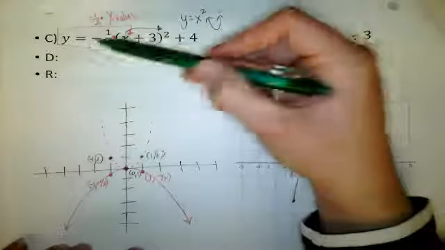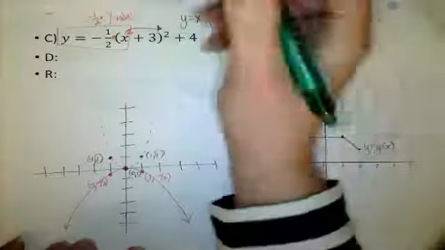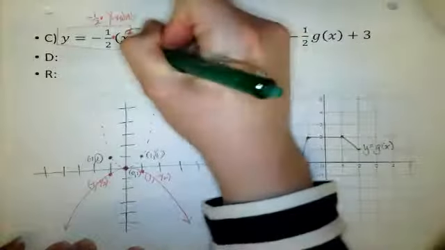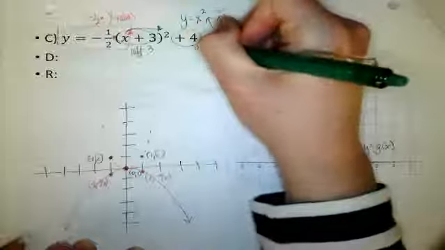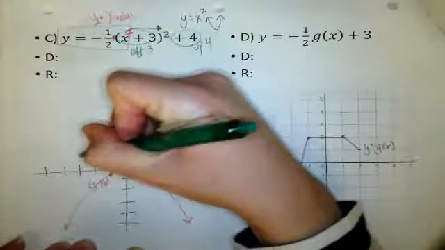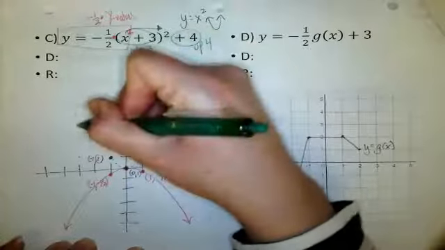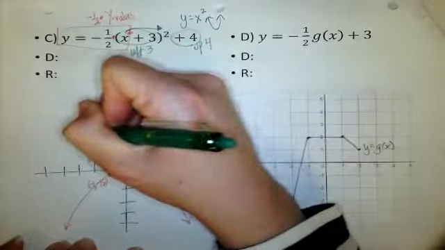So now that I dealt with that multiplying by the negative 1/2, I'm going to slide my function. How's it going to slide? Left 3 and up 4. So I'm going to count left 1, 2, 3, and up 1, 2, 3, and 4. And then I'm just going to go over 1/2.